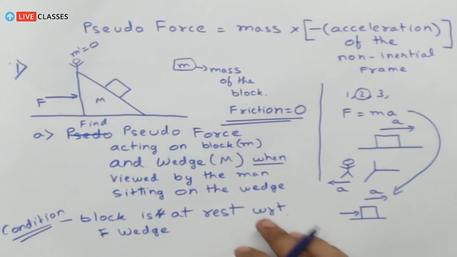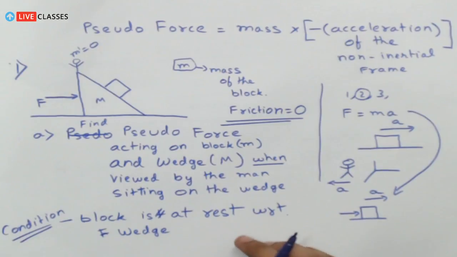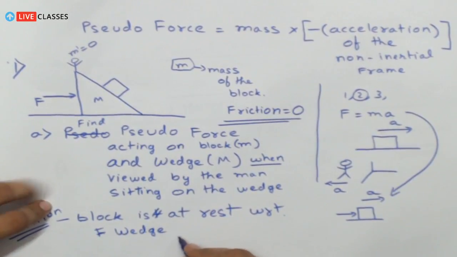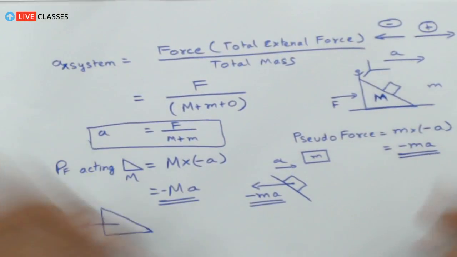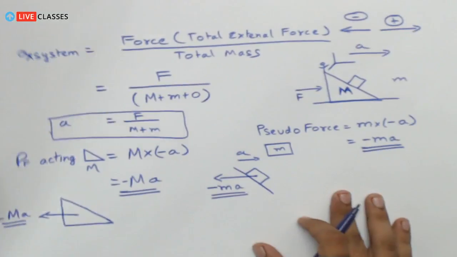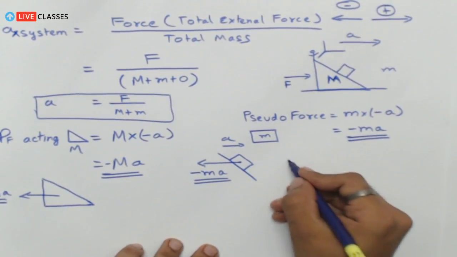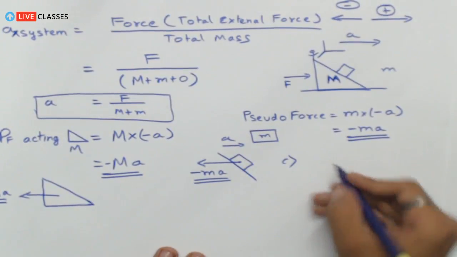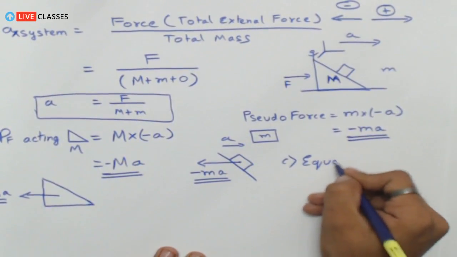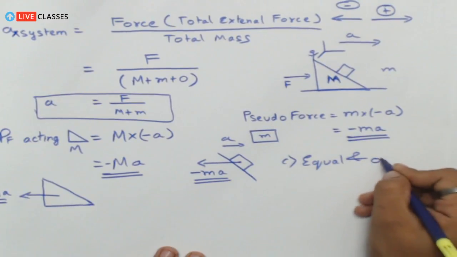So our second part of the question will be, not the second part, let's do a tricky one. There is one more part of the question. There's no space in this. Okay, we'll find a little bit of space. Part C is find equal and opposite action and reaction pair of pseudo force.